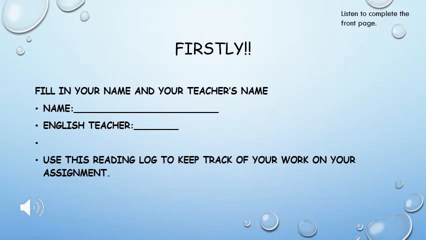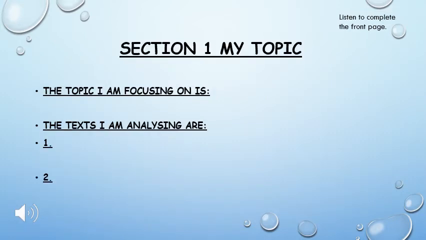The first page should be very straightforward. Fill in your name and your English teacher. On the second half of the front page of your reading log, you should fill in the topic that you will be looking at.